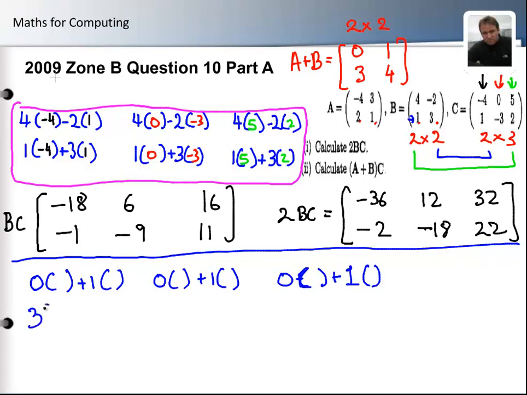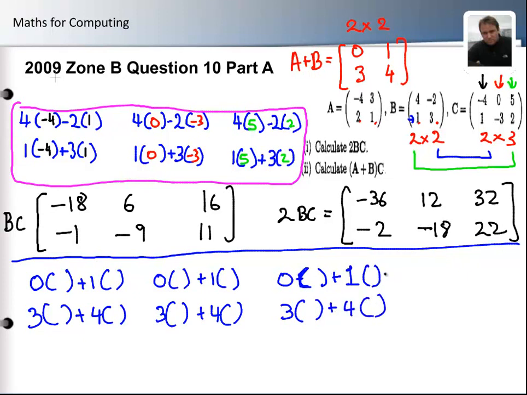And 3 and 4, 3 and 4, 3, 4. Again, after each number here, I'm leaving a space to put in a value from the C matrix. Now, that's the matrix partially set up.